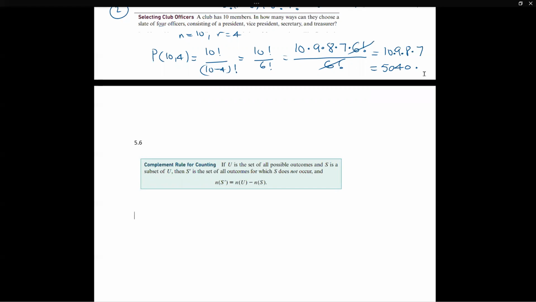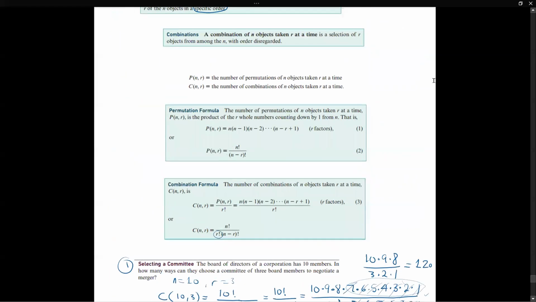For 5.6, U is the set of all possible outcomes, and S is a subset of U. Then S complement is the set of all outcomes for which S does not occur. The number of elements in S complement is given by this difference formula, and it's called the complement rule for counting. That's a straightforward formula, and I'll stop here. Thank you.